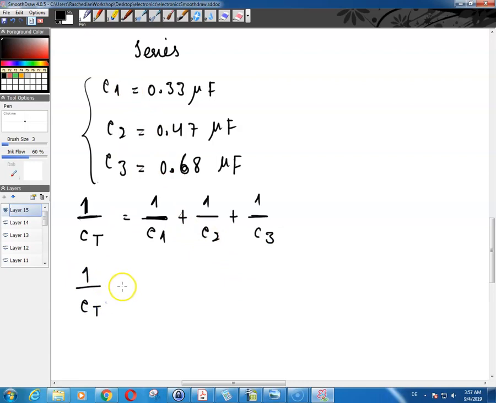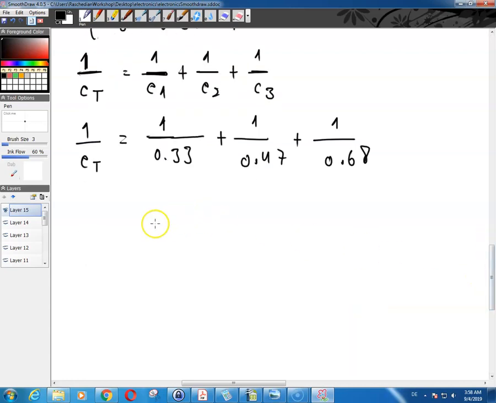So 1 over C of t is equal to 1 over 0.33 plus 1 over 0.47 plus 1 over 0.68, which you can write as 100 over 33. Multiply both the numerator and denominator by a factor of 100 to get rid of the decimal point here, and 100 over 47 plus 100 over 68.